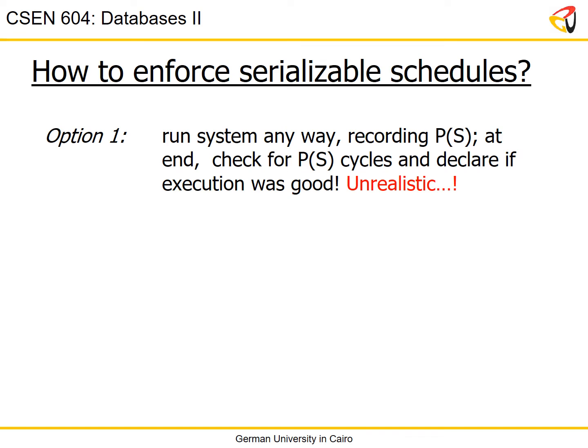And then suddenly when you decide, oh, okay, let me check if this is actually a good execution, you find that it's not a good execution. How would you know it's not a good execution? You construct the precedence graph and you find that you have a cycle, so you undo. Obviously, all this is unacceptable, at least not in the age we are at, because we are way beyond doing something like this now. We can do better.